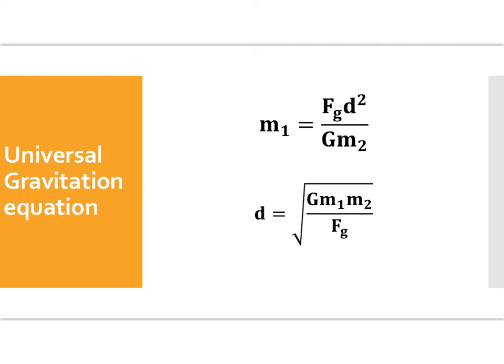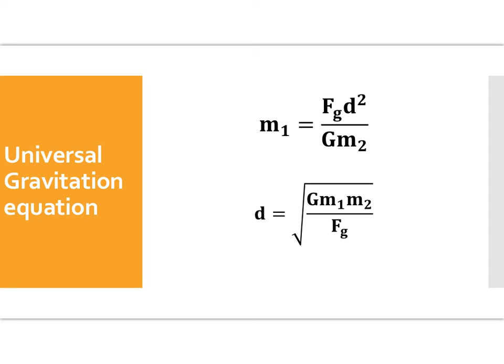We can rearrange that equation also to solve for other variables. Let's say that you want to know the mass of one object and you have all the other pieces. So mass is equal to the force, the gravitational force, times distance squared, divided by big G, that constant, times the other mass.